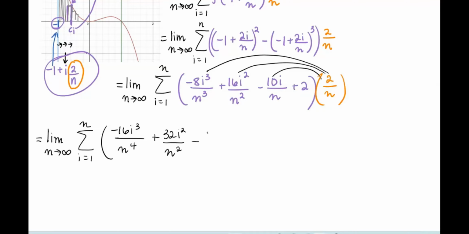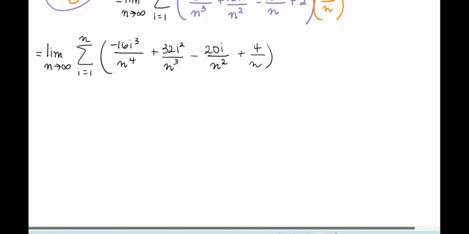This will give us a negative 20I over, no, this should be over n cubed. This will be over n squared. And then this will give us a 4 over n. Now I'm going to start breaking this apart into different summations.